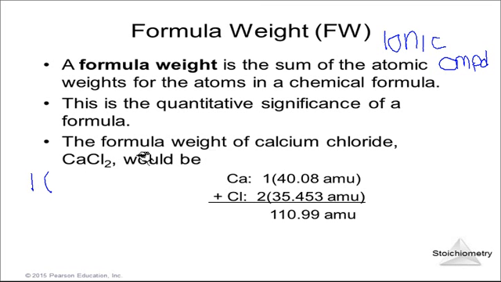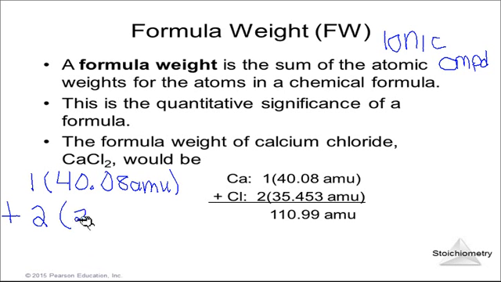So for calcium, I would look at my periodic table and I would get that that's 40.08 atomic mass units, also known as grams per mole. And then I would add to that the number of moles of chlorine, so 2 moles of chlorine times the formula weight for chlorine, which is 35.453. So I would multiply these and then add the two together, giving me this answer of 110.99 atomic mass units. Again, also known as grams per mole.